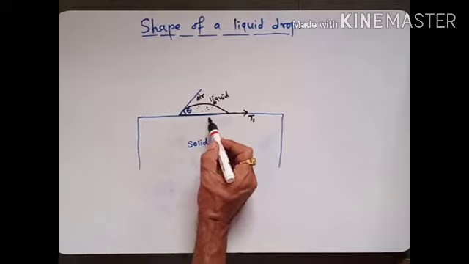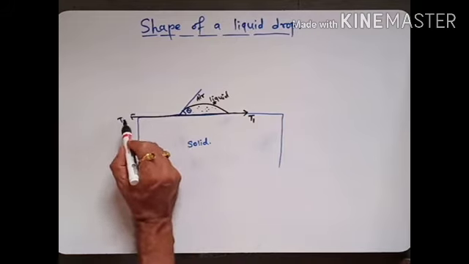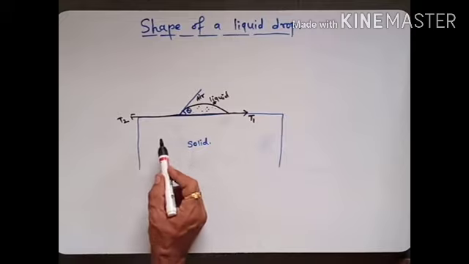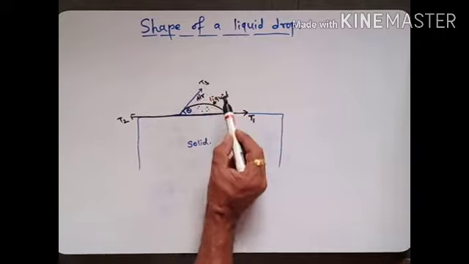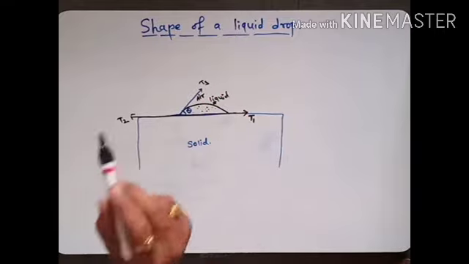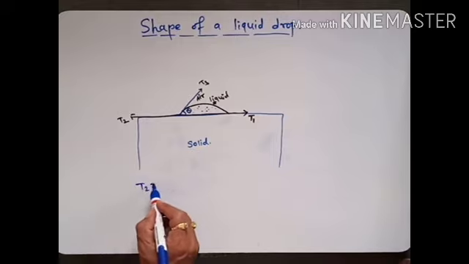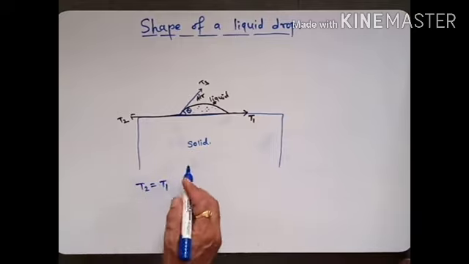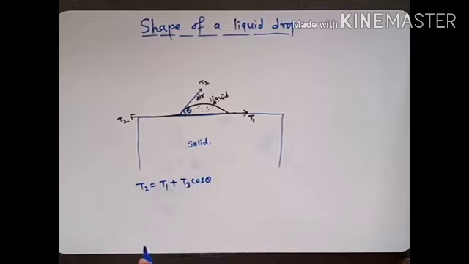T2 is the surface tension of the solid air interface, and T3 is the surface tension of the liquid air interface. Now for equilibrium position, we write T2 is equal to T1 plus T3 cos theta.